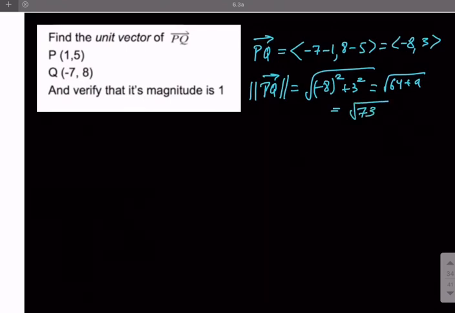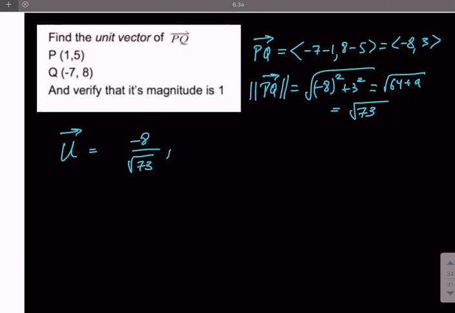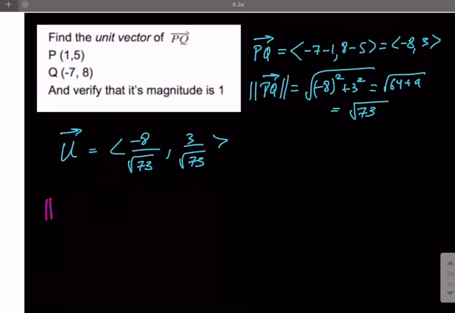And finally the unit vector is going to be negative 8 over root 73, comma 3 over root 73. I'm not rationalizing, usually we don't rationalize this, and let me verify that this has magnitude 1.